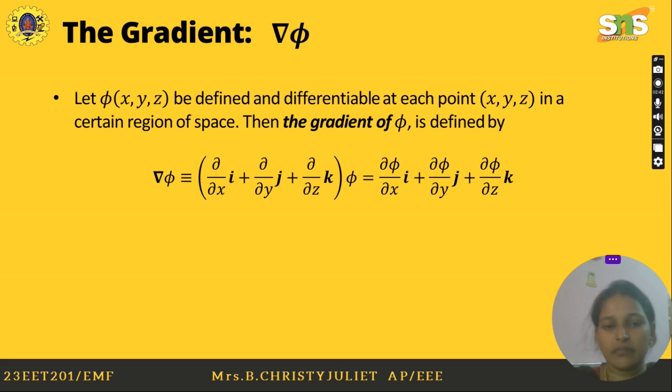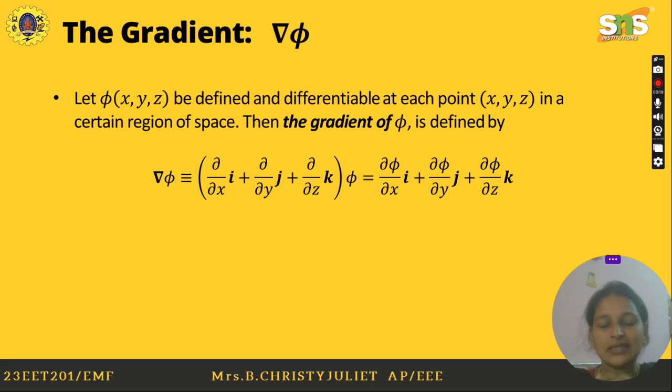What is meant by gradient is this: consider a scalar like temperature. This scalar value, temperature, has only magnitude, but it varies from point to point. For example, if you take the temperature around the sun, it will be highest at one point, but gradually the temperature reduces as the heat waves reach the earth.